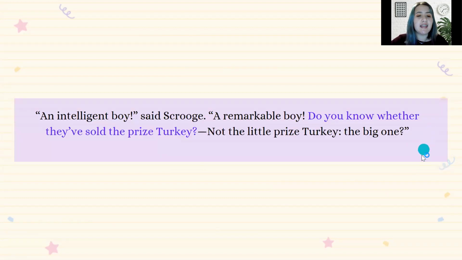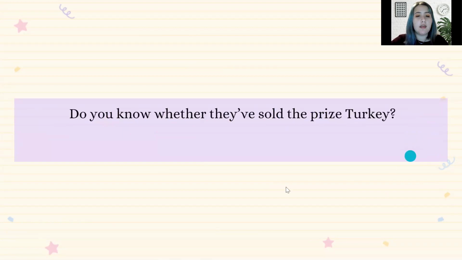And this is the last sentence, the last paragraph. We know that the first step is verbs. And we ask for its subject. So who knows? You. Who have sold the price? They.